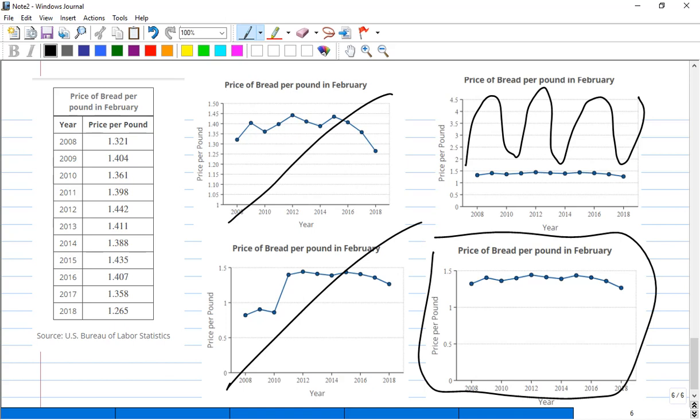I'm not saying that none of them are wrong. It's just that that top one there has a lot of space down here not being used. This one has a lot of space up here not being used. Between these two, they're kind of close, but it makes it look like there was a huge jump, like maybe dollars, even though it's just cents.